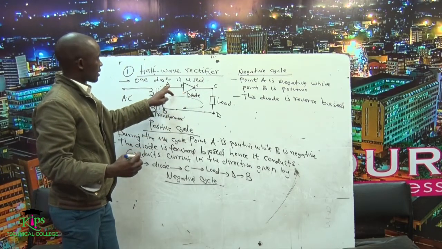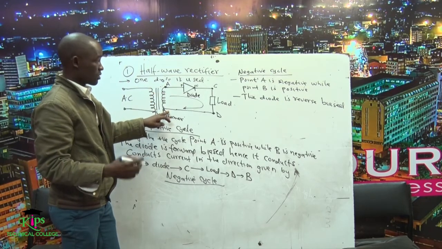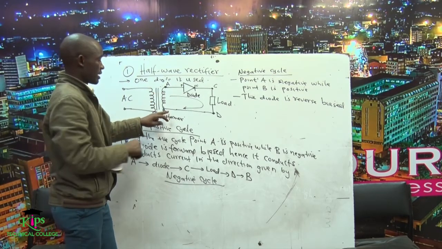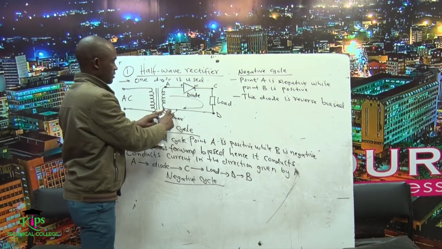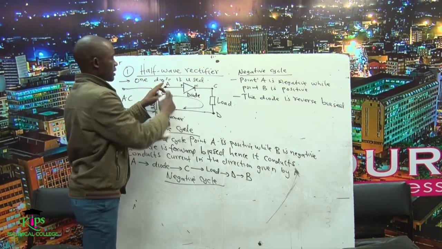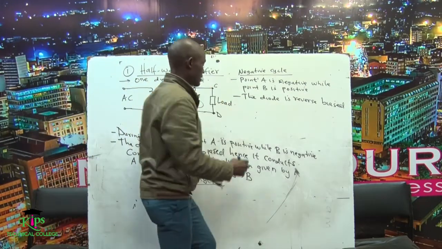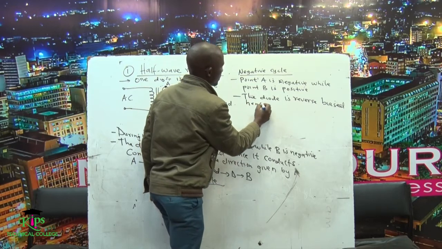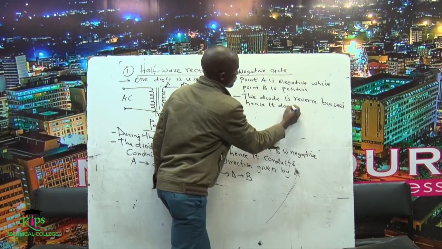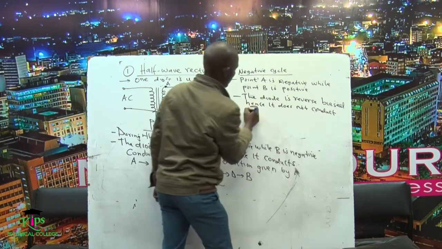Because the negative is connected to P. Remember, in this particular case, B is positive. So the positive is connected to N and the negative is connected to P. That means the diode is reverse biased, hence it does not conduct current.